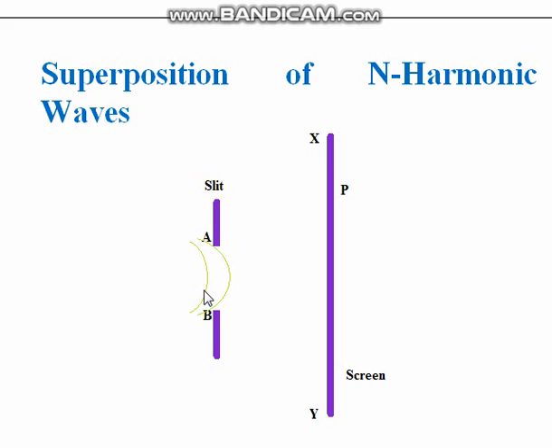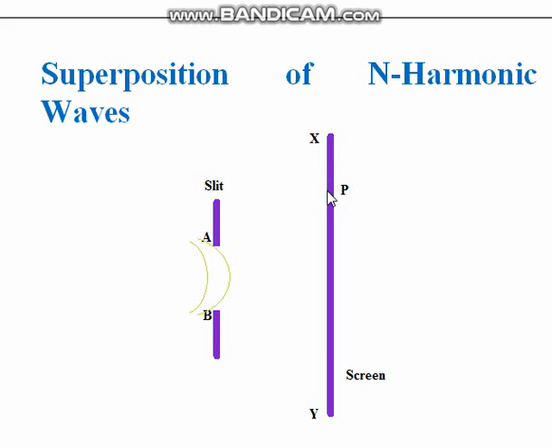From each point of the wavefront, secondary wavelets are emitted in each direction. The undeviated wavelets travel in the direction of the incident light and get focused at the center of the screen. However, the wavelets which are diffracted at some angle are, suppose, collected at point P.